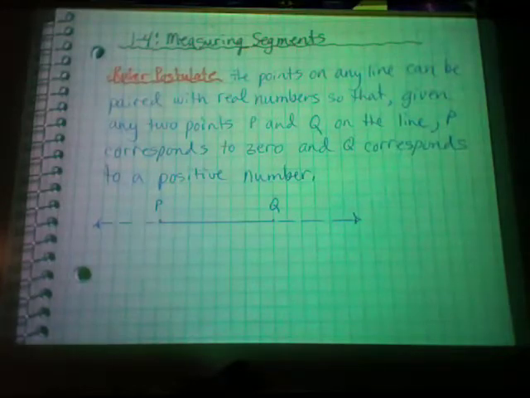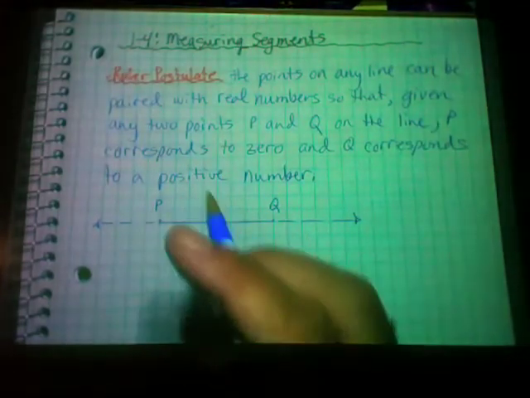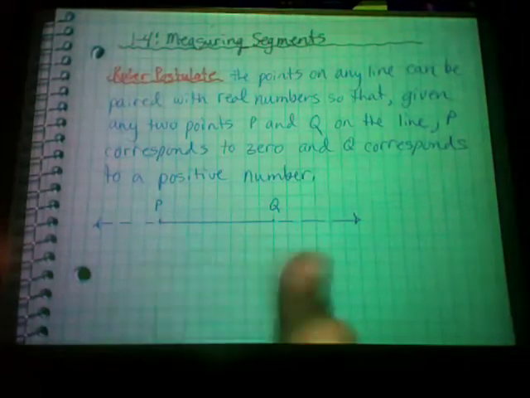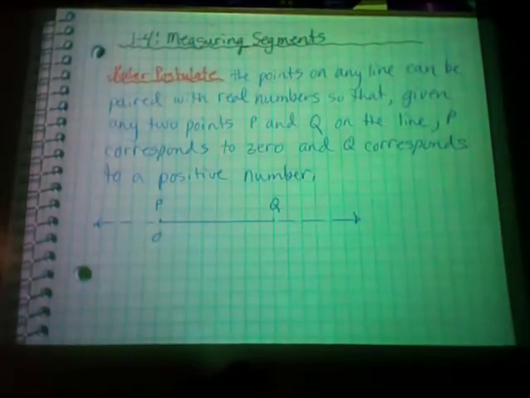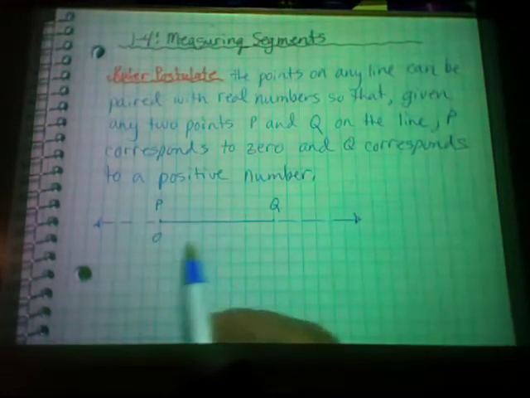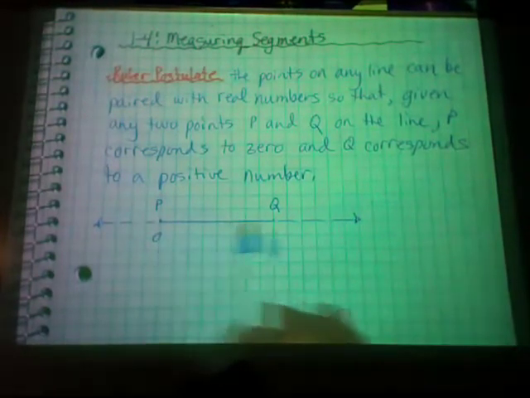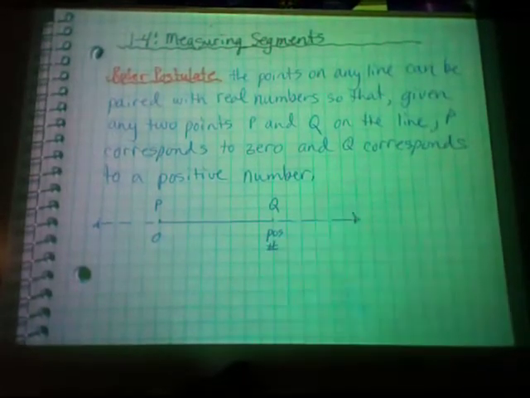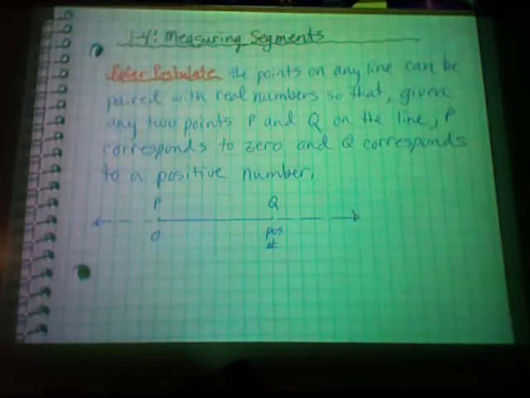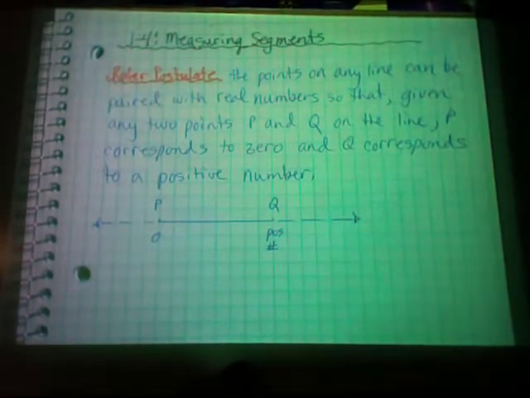And all this says is that no matter what number P represents, whether it's a positive number or a negative number, we're going to change its value to 0. And I'm going to measure how far apart they are, and this should be some positive number. Do we ever measure distance negatively? No. So if you're measuring the distance between 2 numbers, it will always, always be a positive number.